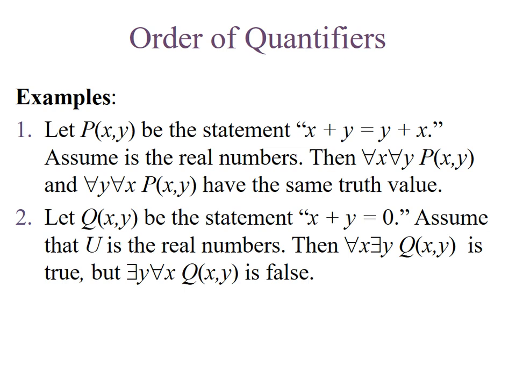No matter what we choose, y cannot make the sum 0 for every x. Notice such a y does not exist. So if you switch the order of the quantifiers, the truth value changes. This tells us you cannot switch the order arbitrarily. Sometimes the meaning remains, sometimes it changes.